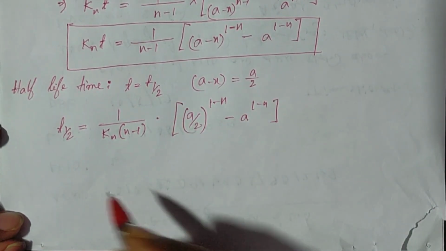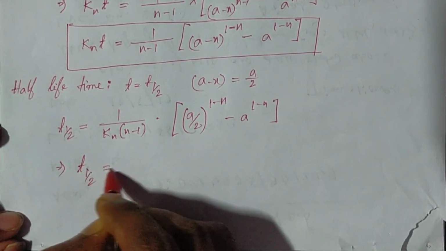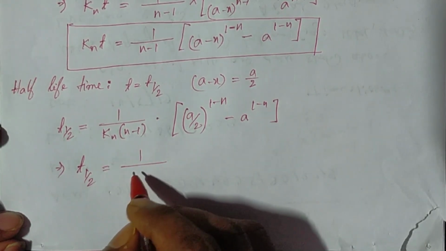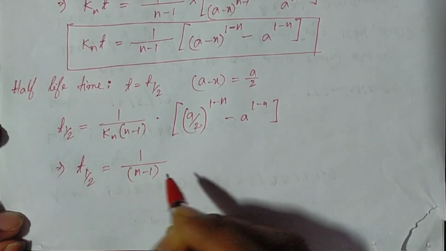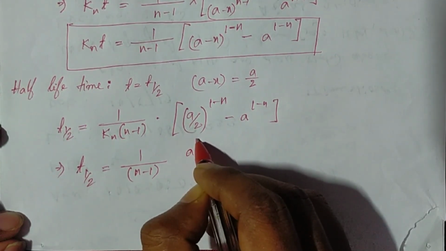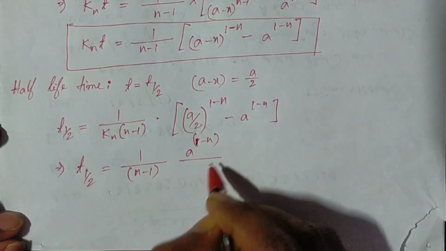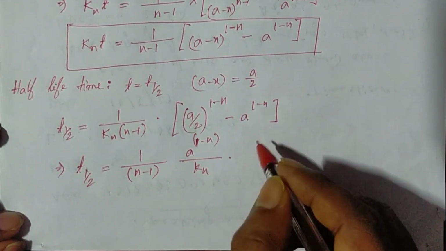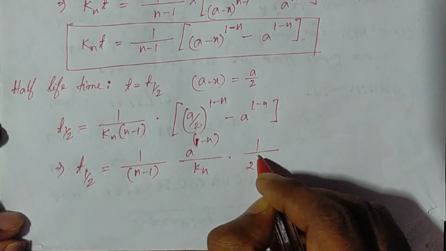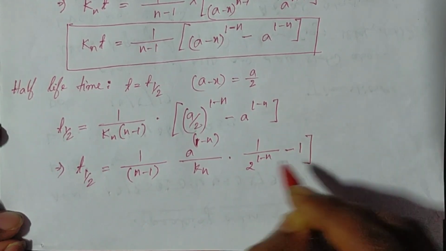So we can write t half is equal to 1 by n minus 1, a to the power 1 minus n divided by kn, into 1 by 2 to the power 1 minus n minus 1.